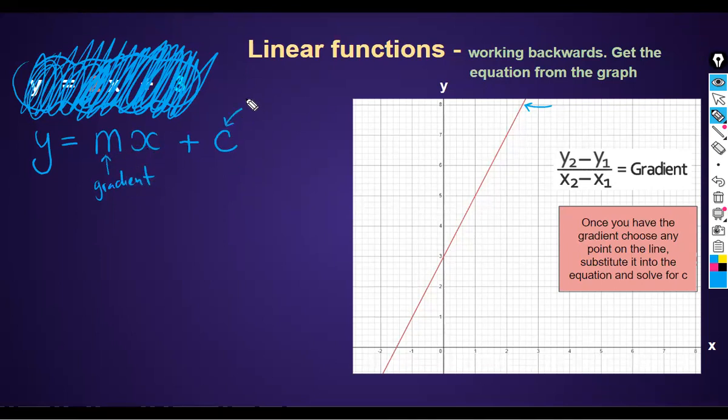And C, like I mentioned before, is your y-intercept, and it will not be touching x. When you're trying to find back the equation of the straight line, you have two jobs. You have to find the value of M, and you have to find the value of C. There are two ways to find back M, and there are two ways to find back C.